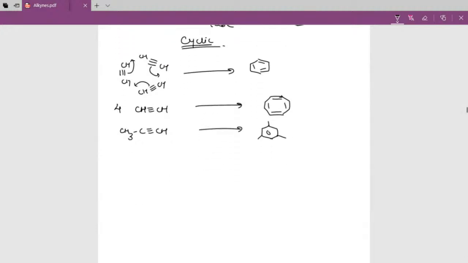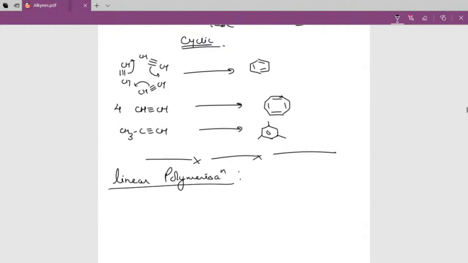Okay, these are cyclic polymerizations, but there is also a linear polymerization which is very important. Please pay attention. If you have 2 moles of acetylene, you pass it on Cu2Cl2 solution in presence of NH4Cl. You will have vinyl acetylene.